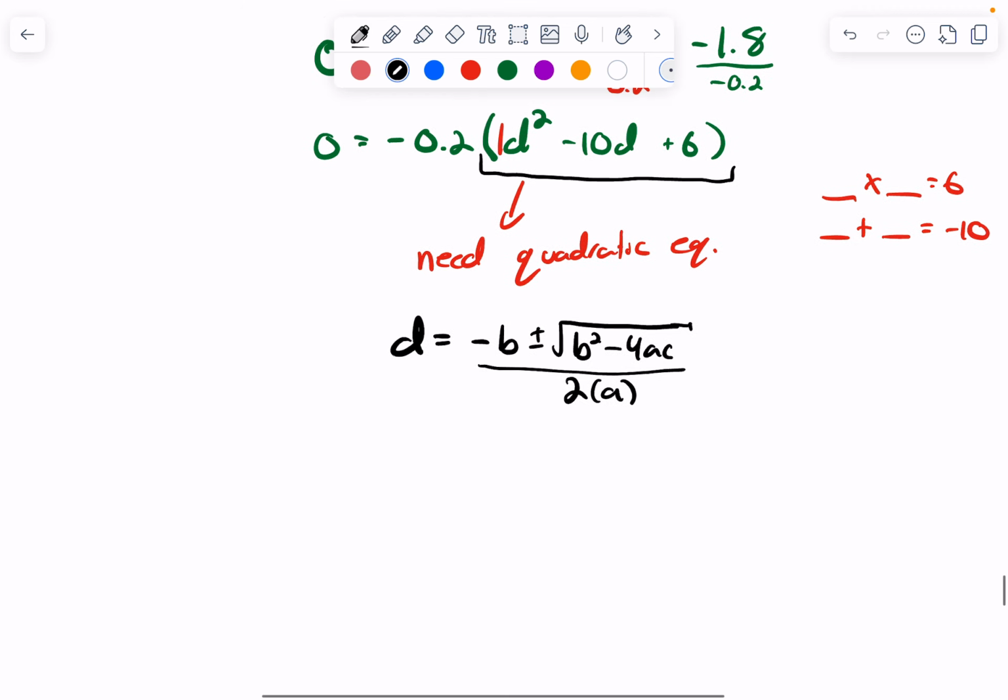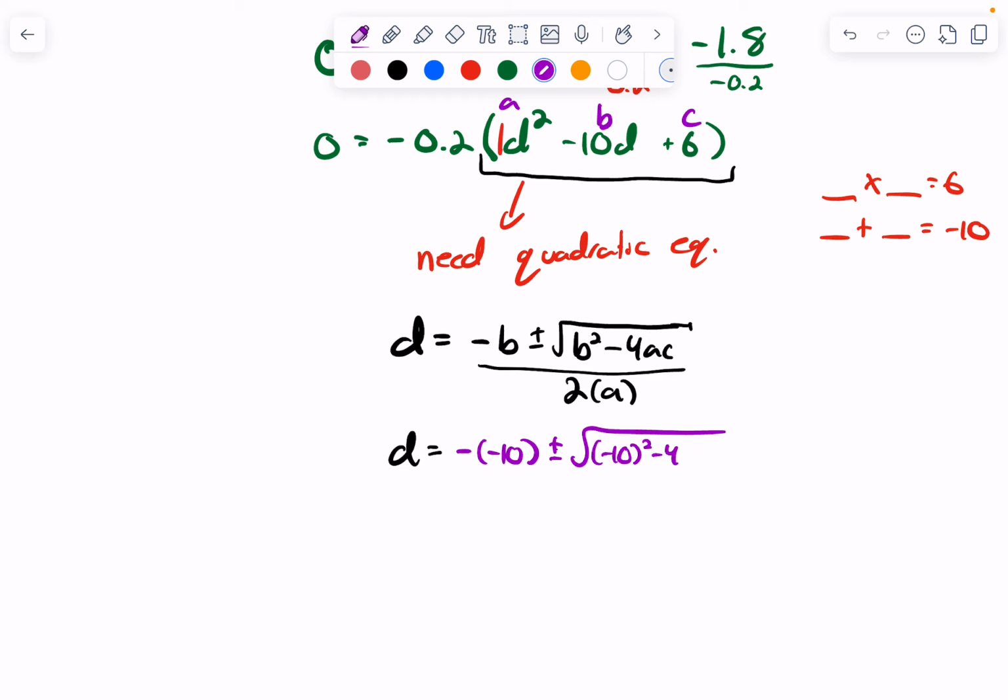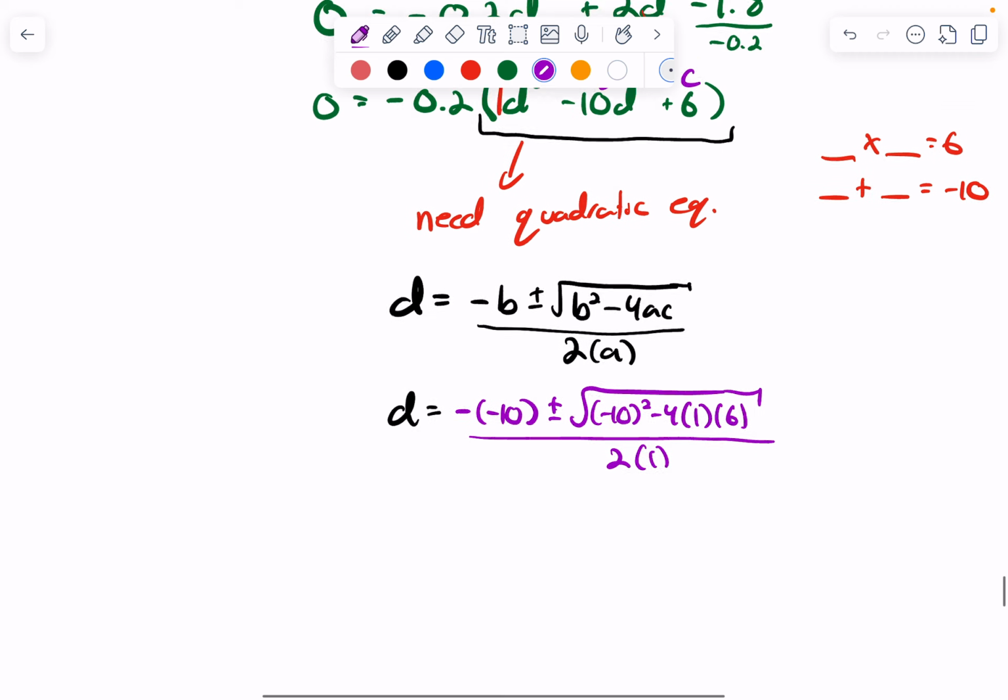So d equals, well, this is our b, this is our c, this is our a. So our b is minus 10, plus or minus the square root of 10 squared minus 4, our a is 1, our c is 6, all over 2 times 1.